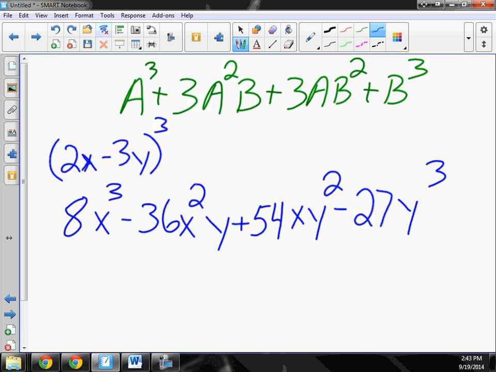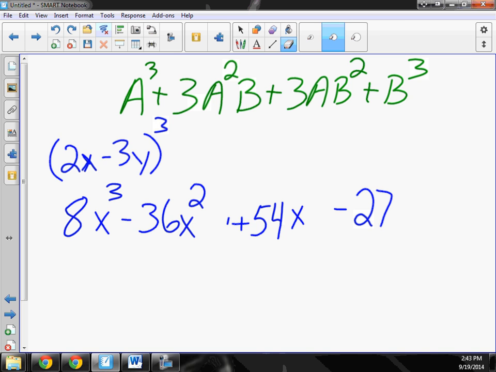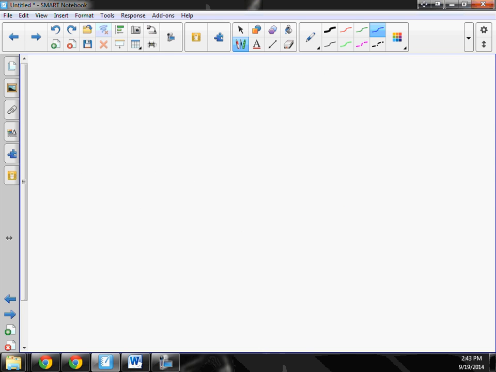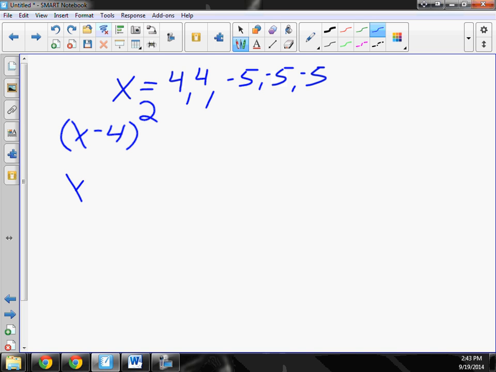Now, if I was really mean, which I totally am, so let me get rid of the y's. So if I had, well, I'm not that mean. So let's say we had x equals 1, 4, 4, negative 5, negative 5, negative 5. So my factors would be x minus 4 squared, which is x squared minus 8x plus 16.